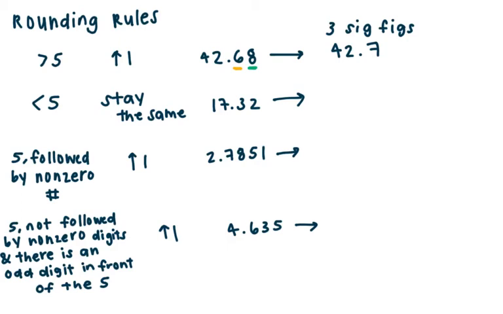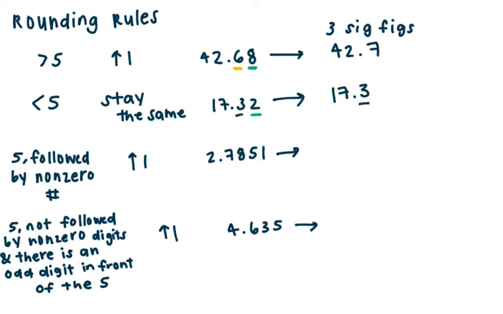Okay, let's look at the next example. So it says less than 5, stay the same. So here you're going to look at the last digit, which is 2. 2 is less than 5, which means when I round to have 3 sig figs, I'm going to get 17.3. So notice that the 3 still remains the same.